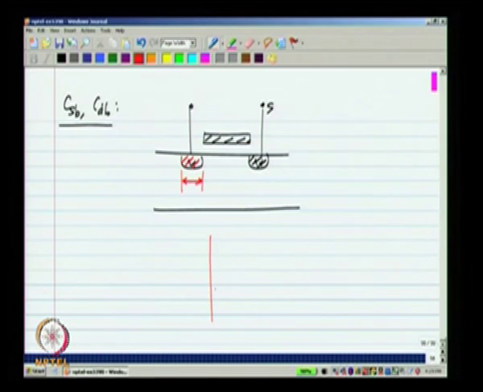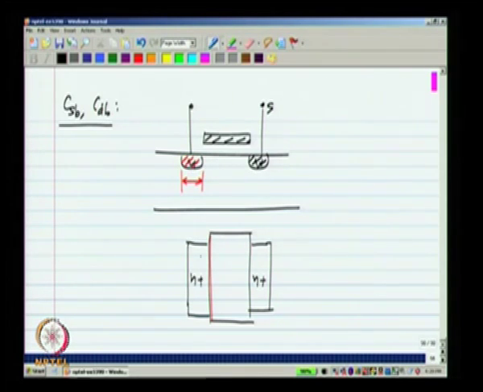Now, again if you look at the top view of the MOS transistor, this diffusion region N plus will have some length, let me call that LD, and this is usually of the same length LD. Typically as a guideline, if you do not have any other information, you can assume that LD is 2 times the minimum length of the gate in a given technology. And this dimension is nothing but W.